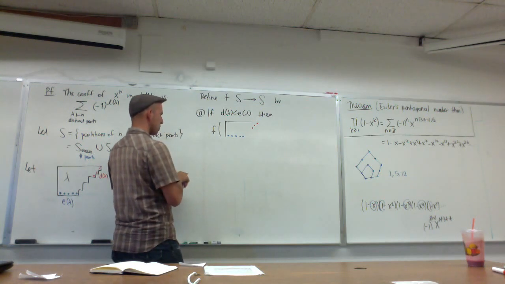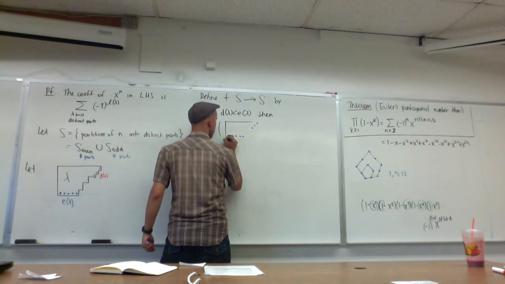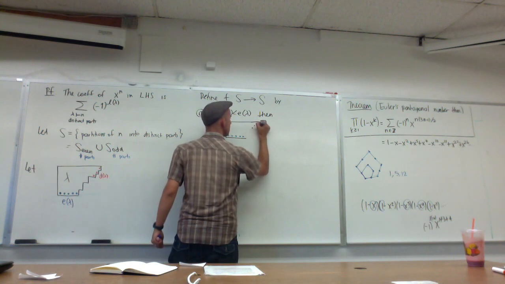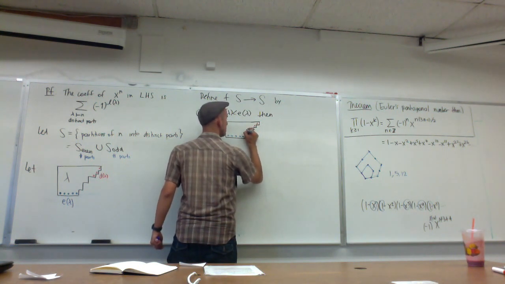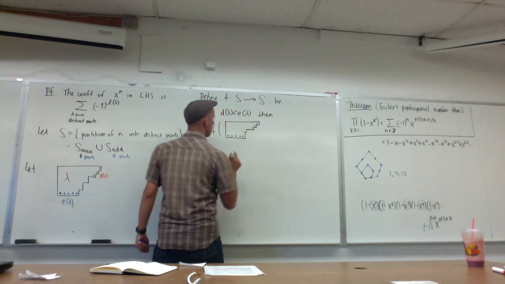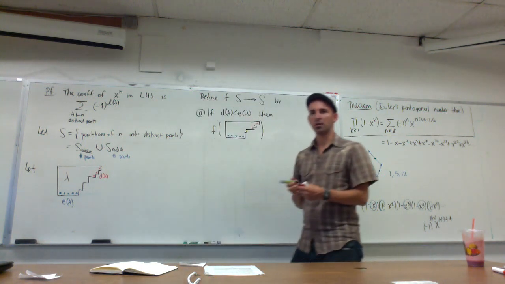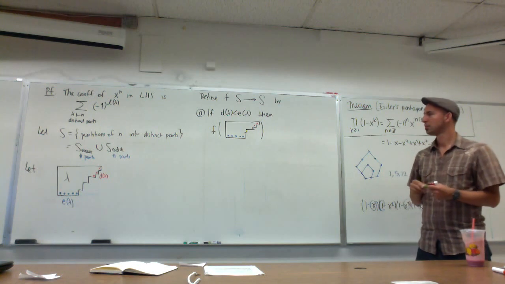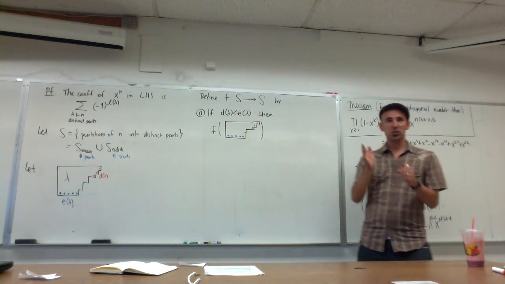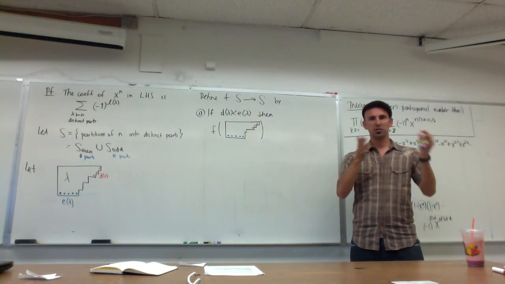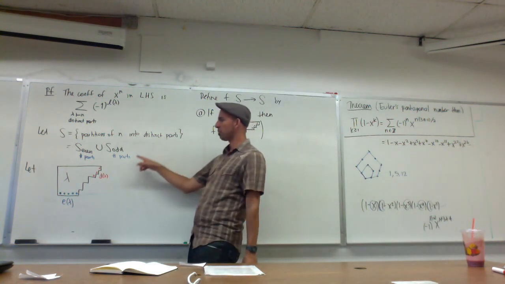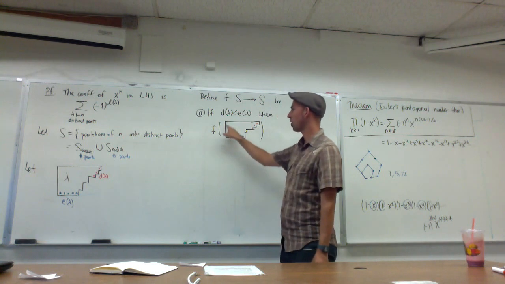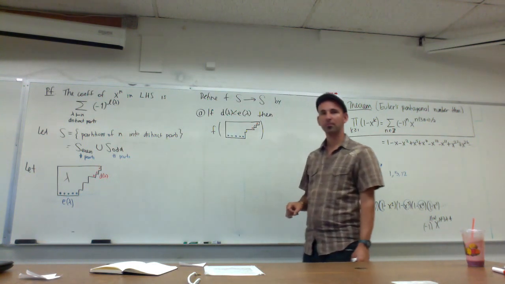How can I turn this into a partition that changes the parity of the number of parts? Because the idea is that F should take even things to odd things and odd things to even things. And when I say odd and even, I'm referring to the number of parts. Or in other words, the number of rows.